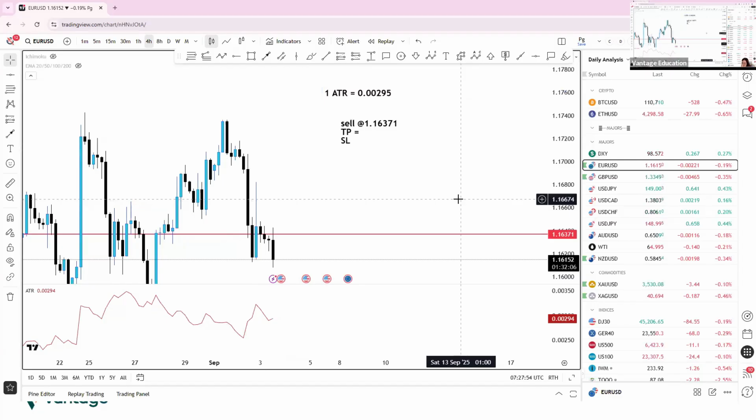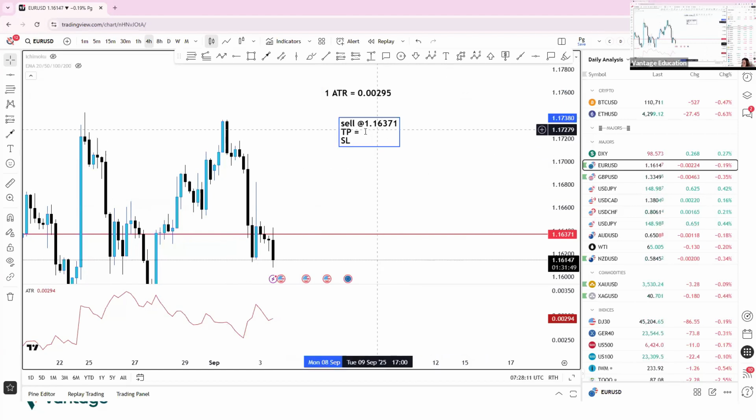So you just take 1.16371 minus 295. So your TP would be 1.16076.